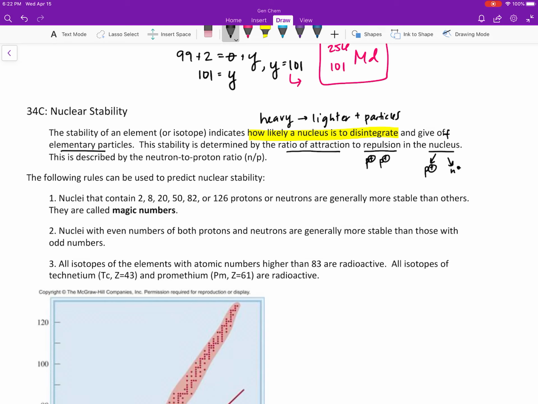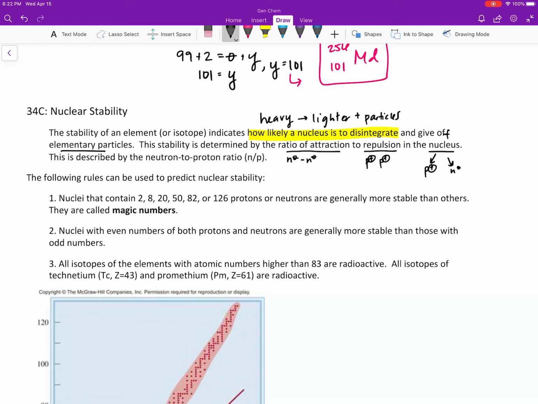So crowding them all in a nucleus is not a great way to stabilize an atom. But what we do is we have this attraction between neutrons, which helps to bind and create this strong nuclear energy to help hold the atom together despite the fact that the proton-proton repulsion is happening.